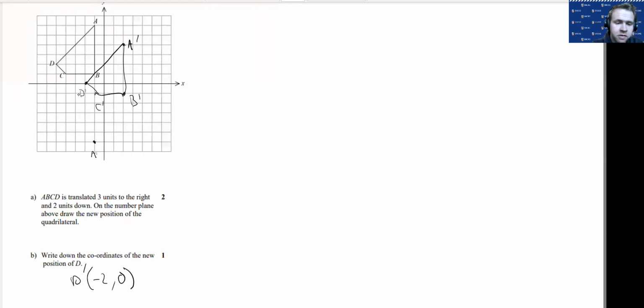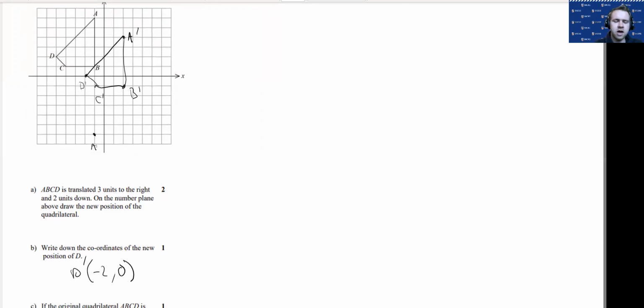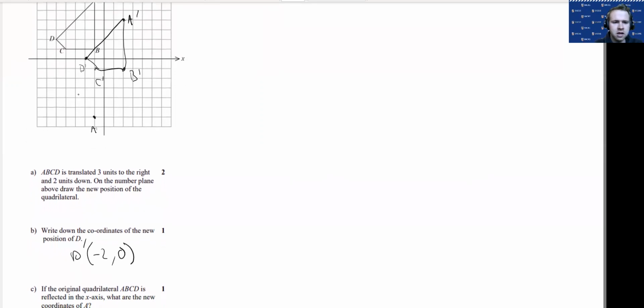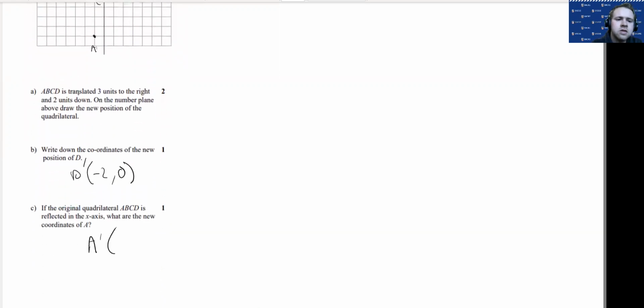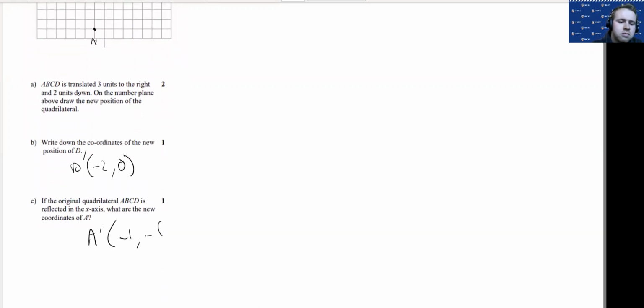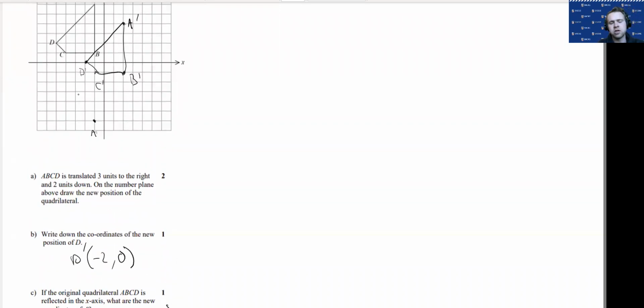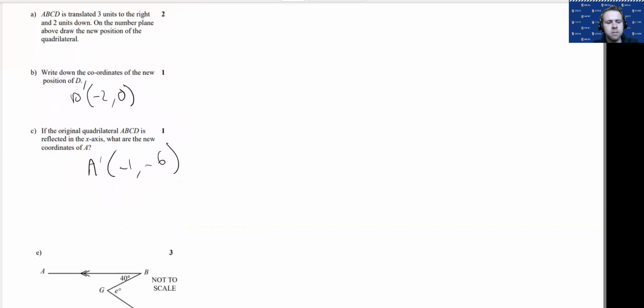That would be the reflected one there, and it keeps its X value, and it's just flipped across, so the Y value becomes -6. So A dash would have an X value of -1, and then -6 is its Y value. Remember, it's got to stay the same distance away from the line that it's being reflected on.